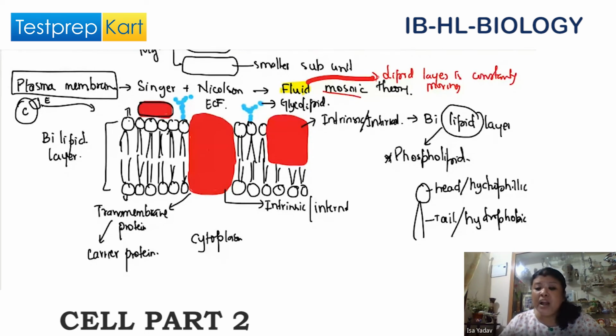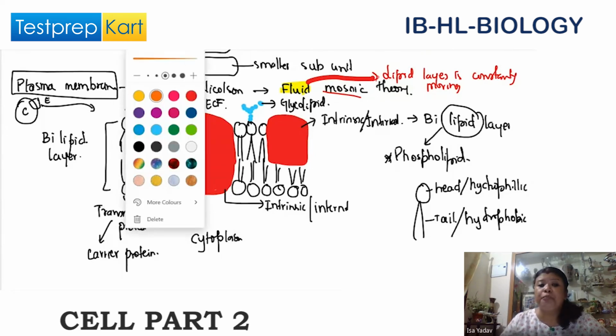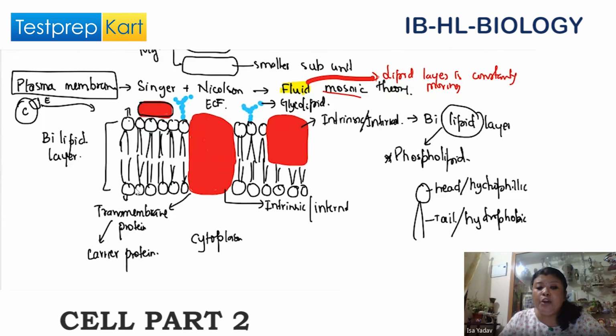Now, I said that the lipid membrane is constantly in movement. That much movement is not good. So what happens is that between the heads of the lipid molecules, there are certain compounds called cholesterol.